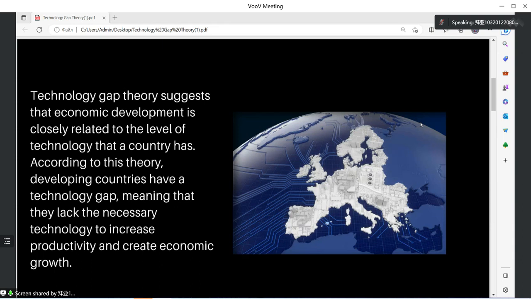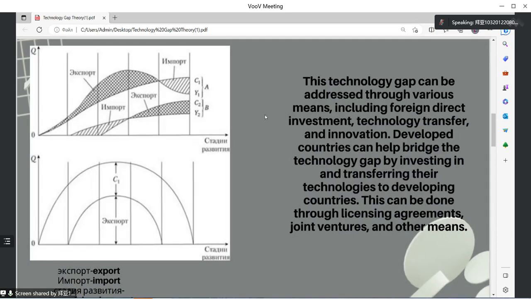They lack the necessary technology and productivity to create a higher economic level. This technology gap can be addressed through various means: direct investment, technology transfer, innovations, new theories, creating new products. And countries can help bridge the technology gap by investing in and transferring technologies to other countries.